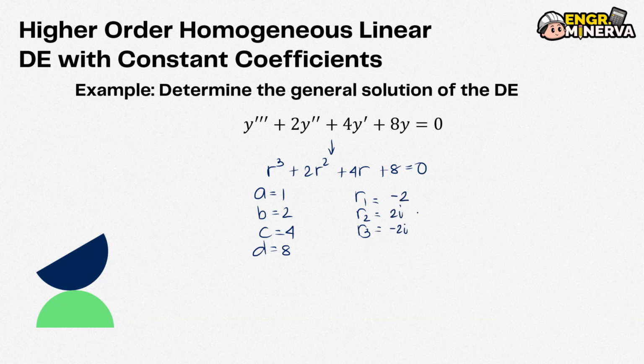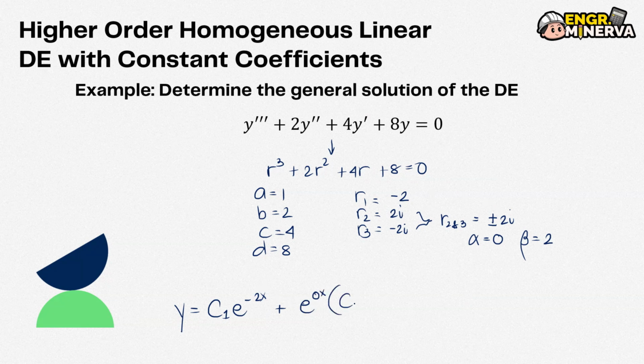So once there is an imaginary root, combine it, 2 and 3. This would now become plus minus 2i. The value of alpha, there's no real number. The value of beta, 2. So it means our answer is C1 e raised to negative 2x plus e raised to 0x, C2 cosine beta x plus C3 sine beta x.